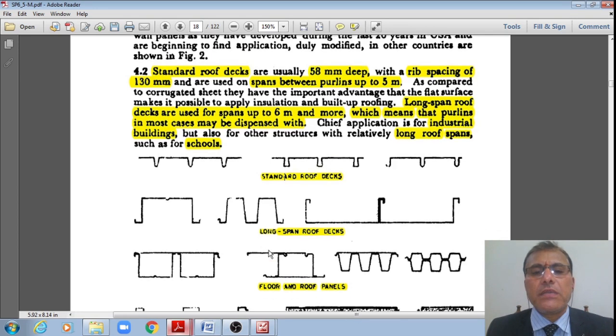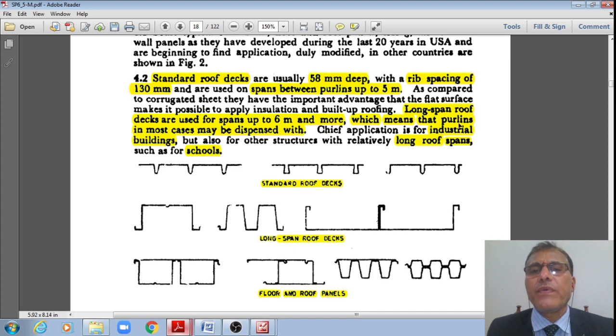However, the second one, long span roof decks, are used for spans of 6 meters or more, which means that the purlins in most cases may not be used. Or I can use them without the purlins themselves, because here I have more depth compared to the previous case, right?